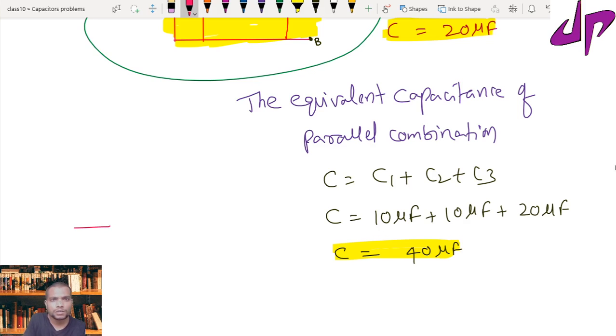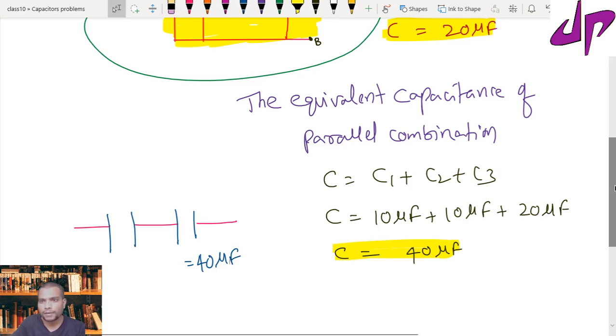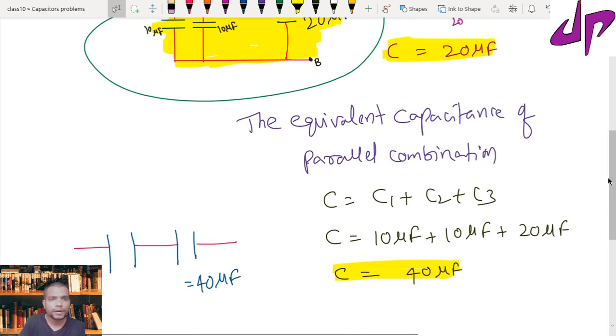So there are two capacitors connected between A and B. This one has the equivalent capacitance C equals 40 microfarad, and the first one is already 40 microfarad, so it is also 40 microfarad.